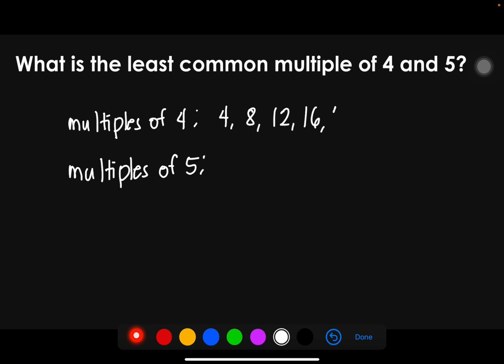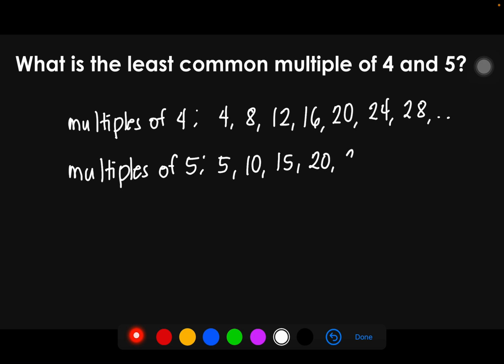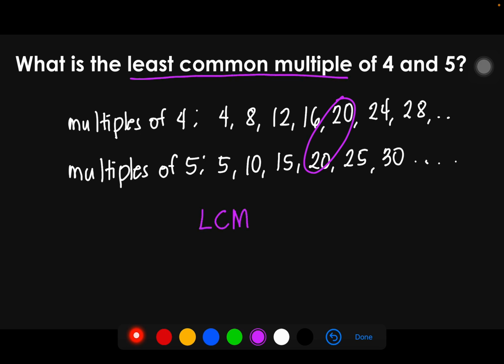So we just have to keep on skip counting. 20, 24, 28, and so on. While multiples of 5 are 5, 10, 15, 20, 25, 30, and so on. As you can see, the first number that appears in both is actually 20. So that means to say that the least common multiple, or shorter term for that is LCM, of 4 and 5 is actually 20.